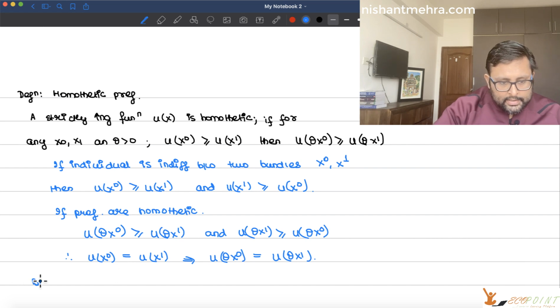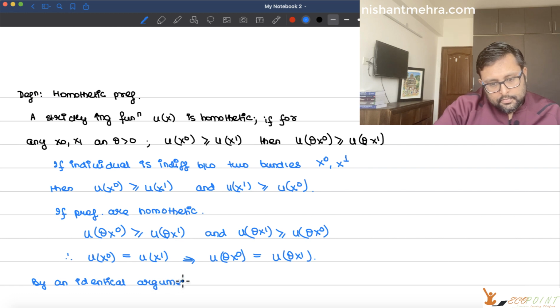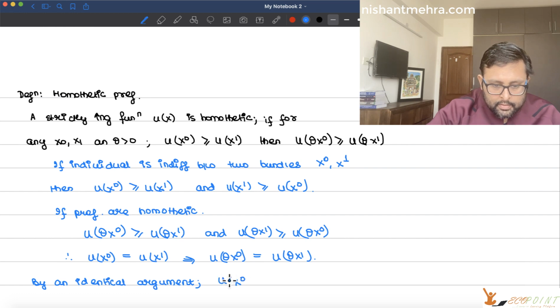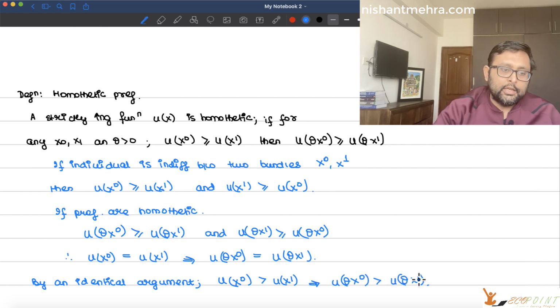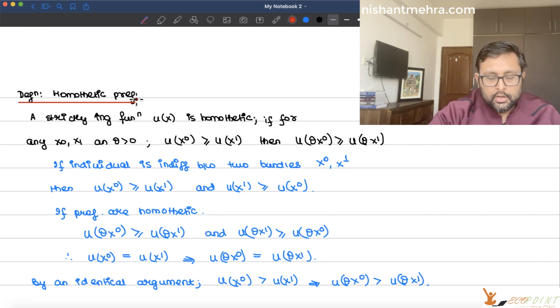So, by an identical argument, you can say if u of x0 is greater than u of x1, then u of theta x0 is greater than u of theta x1. So, this is the formal definition of homothetic preferences, right?